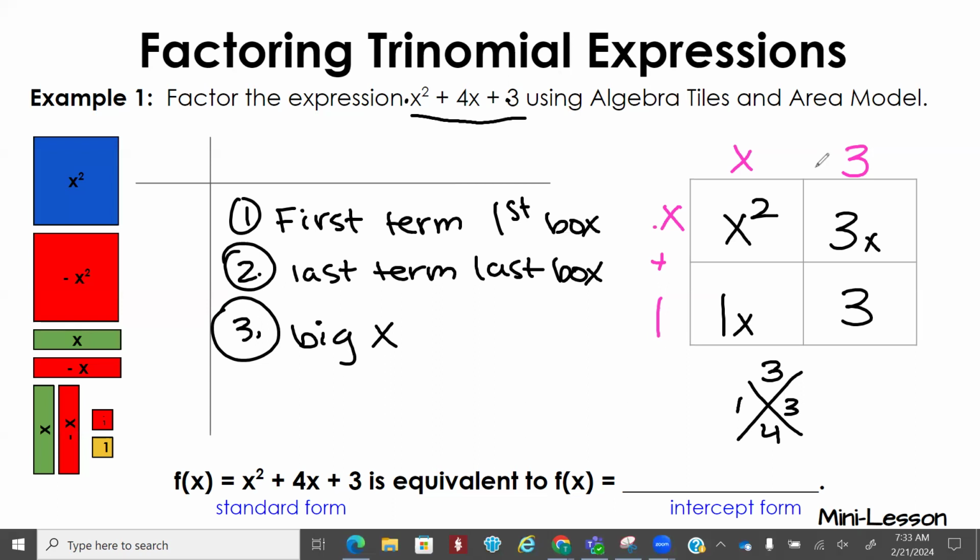We're going to put a plus sign in between because these are both positive, since we didn't use any negatives. And our factored form is going to be x plus 1 times x plus 3. Let me fill in these little steps really quick.